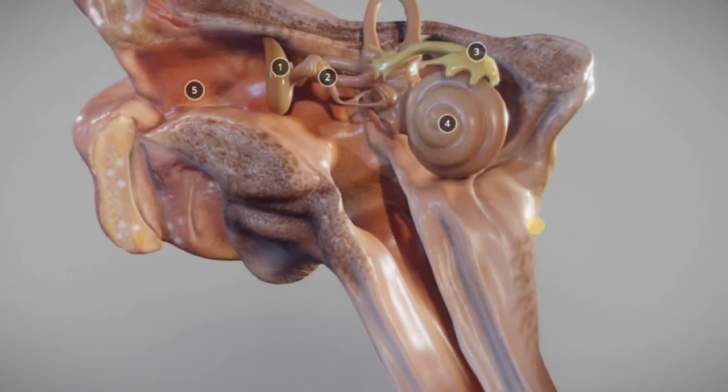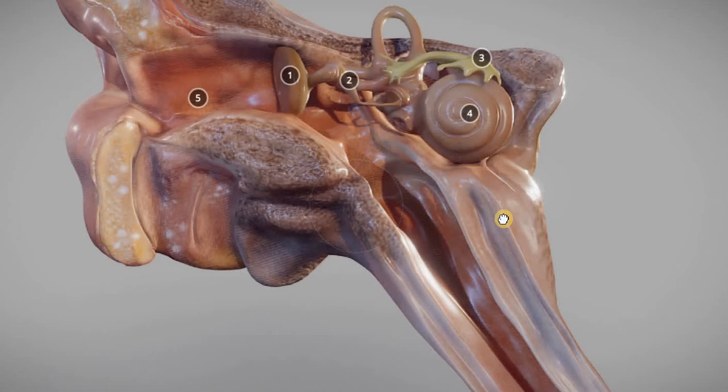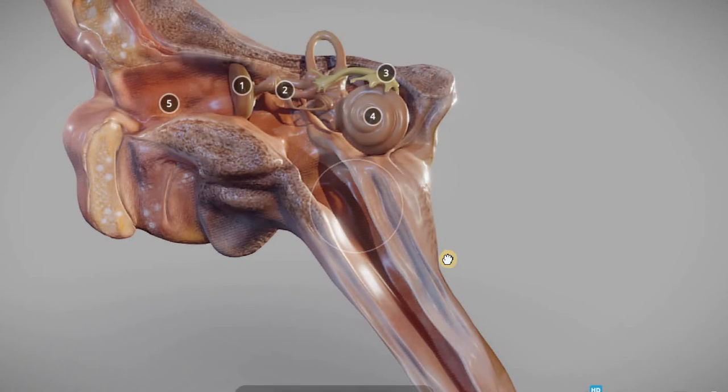Okay, we have the eustachian tube, which is here. You might also read auditory tube, but eustachian tube is its official name.